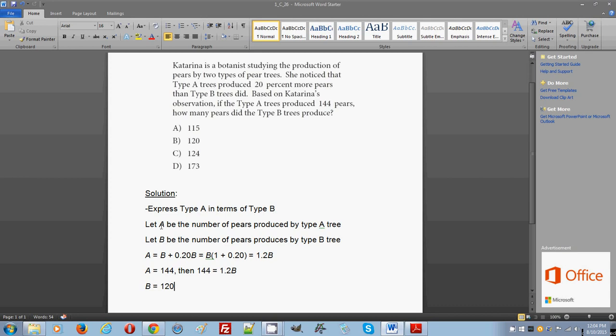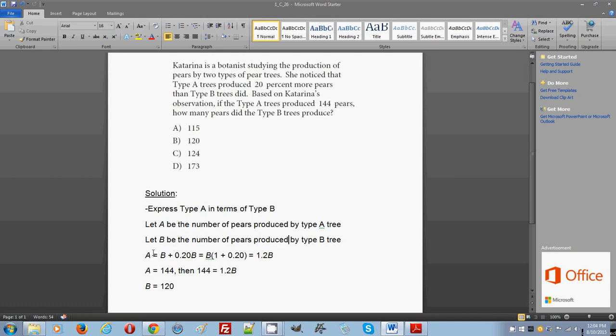So let A be the number of pears produced by type A tree, right? So A is the number of pears that type A tree produces, and let B be the number of pears produced by type B tree. Okay?